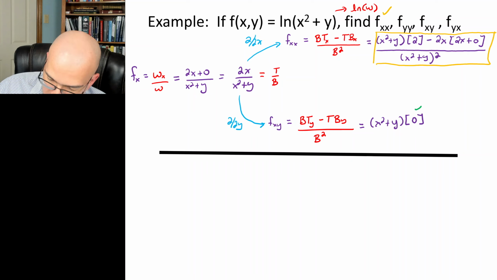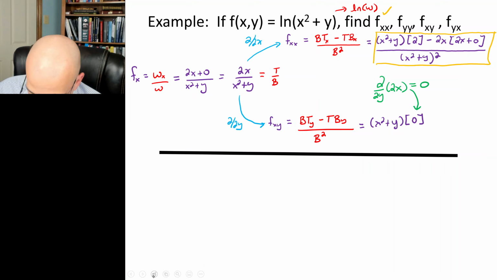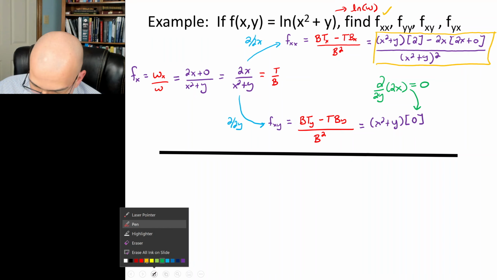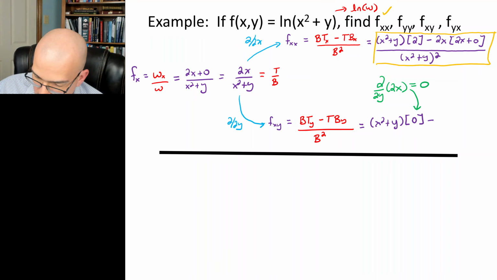So I'll put a little explanation here for that. Di by dy of 2x is equal to 0. Minus the top function, 2x, times the derivative of the bottom with respect to y. The derivative of x squared is 0.